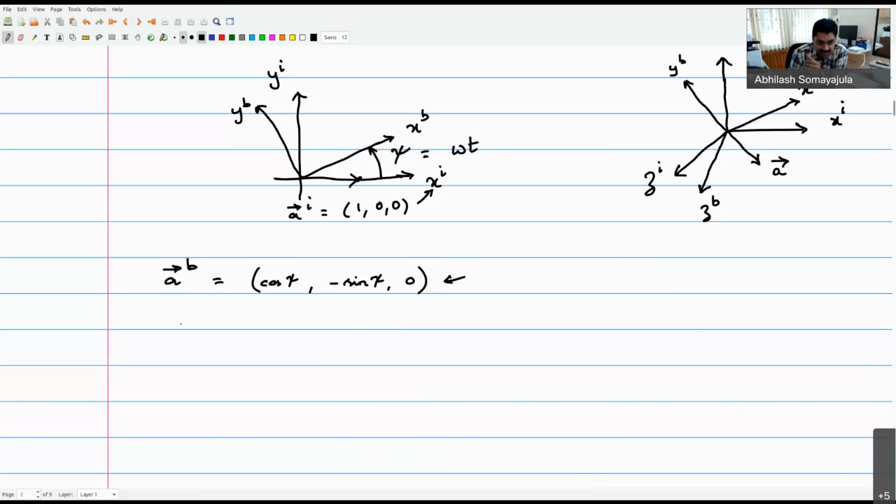So in which case I can write that the same vector, which is not time varying in the inertial frame, has a time varying nature in the body fixed frame. And what would that be? Is that making sense?